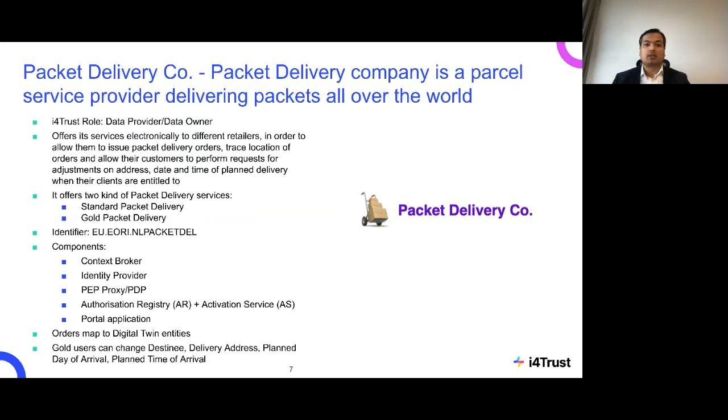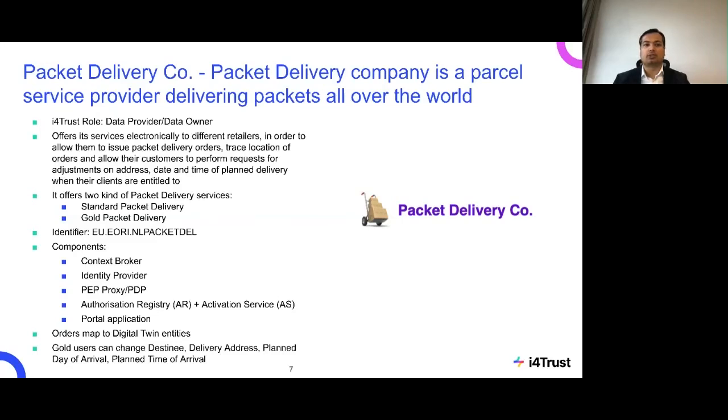So right now, in the use case, the packet delivery company offers two kinds of delivery services. One is standard packet delivery, which is just a basic cost-effective delivery, and the other is gold packet delivery, which is a premium delivery and a bit flexible in terms of the planning dates of the delivery.